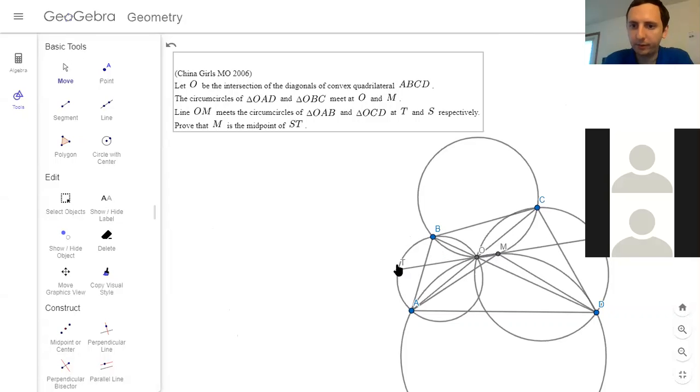Or maybe it might be easier to show TBA is similar to MBC. Triangle ACD is similar to MSD. Yeah. That's like the same idea. So we have actually four similar triangles.